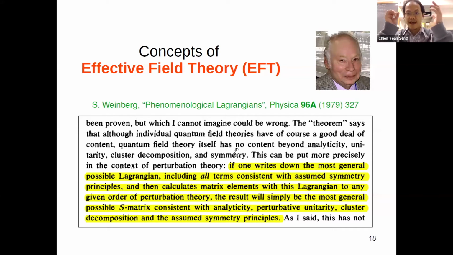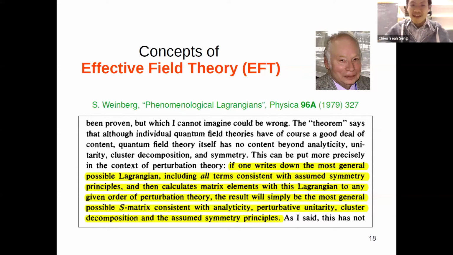The basic concept is that Weinberg has an assumption, or a guess, that although each quantum field theory, for example quantum electrodynamics, QCD, or electroweak theory, has, of course, a lot of content, quantum field theory itself, without being specific to a model, has no contents beyond analyticity, unitarity, cluster decomposition, and symmetry. Cluster decomposition here means that two different events, for example an experiment in Chicago and an experiment in Bonn, cannot affect each other.